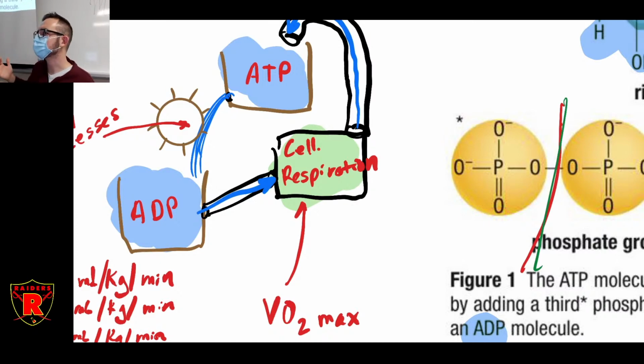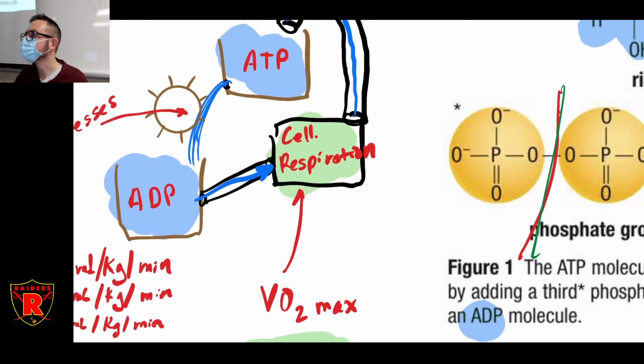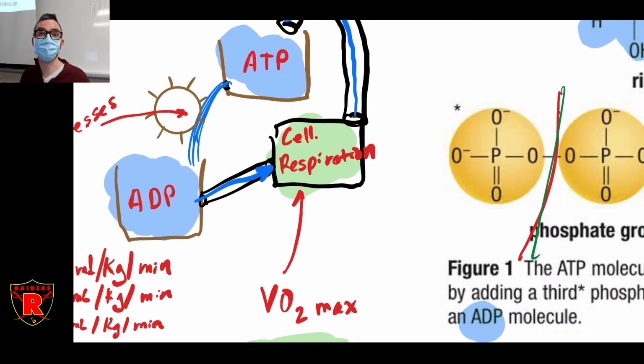I mentioned some of those things before that improve with training: how much blood you can pump, how many red blood cells you have, your total blood volume, how wrapped your blood vessels are around your muscle tissue. All of those things contribute to your VO2 max, so it goes up considerably when you train.